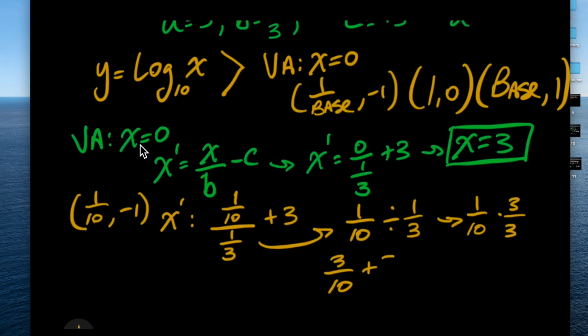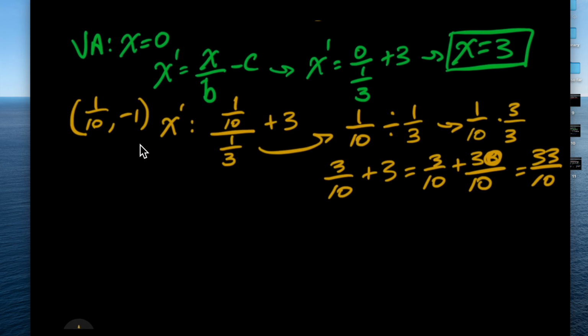We're going to add 3 to that. That is 3 over 10 plus 30 over 10, and that gives us 33 over 10 for our new x value.